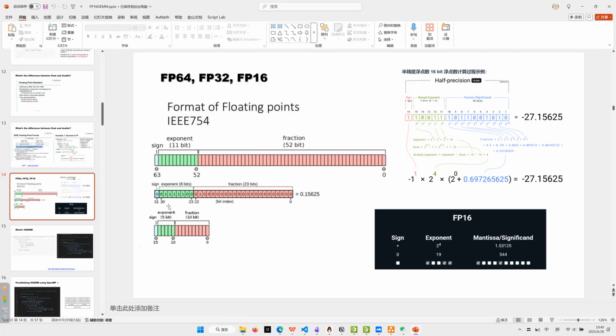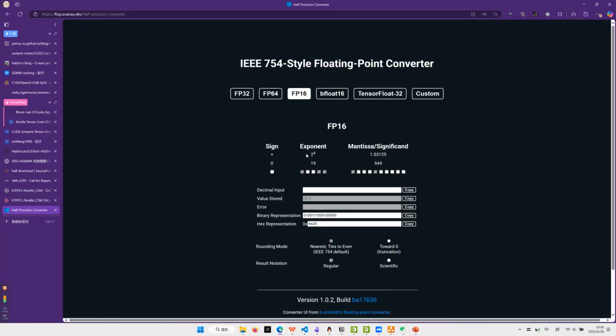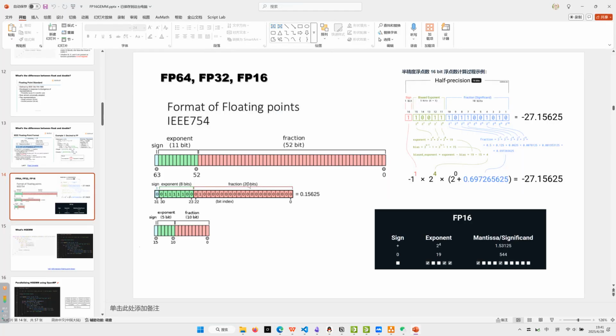As you can see, one of the benefits we gain from FP16 is that we do not change most of the bits, and it represents the same value. It only shrinks the fraction bits, and some of the lower bits. And why are we using FP16?